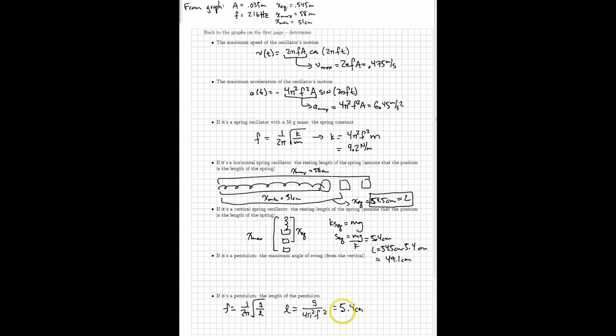Knowing that the pendulum is 5.4 centimeters long, and knowing that the length on this side, which is the amplitude, the maximum distance here, is 3.5 centimeters, I want this angle. I can just use the definition of sine.